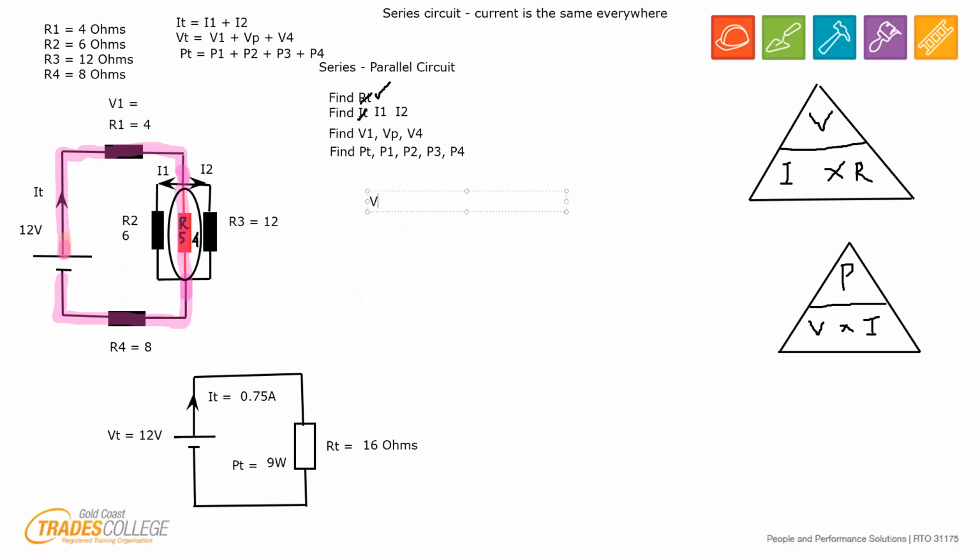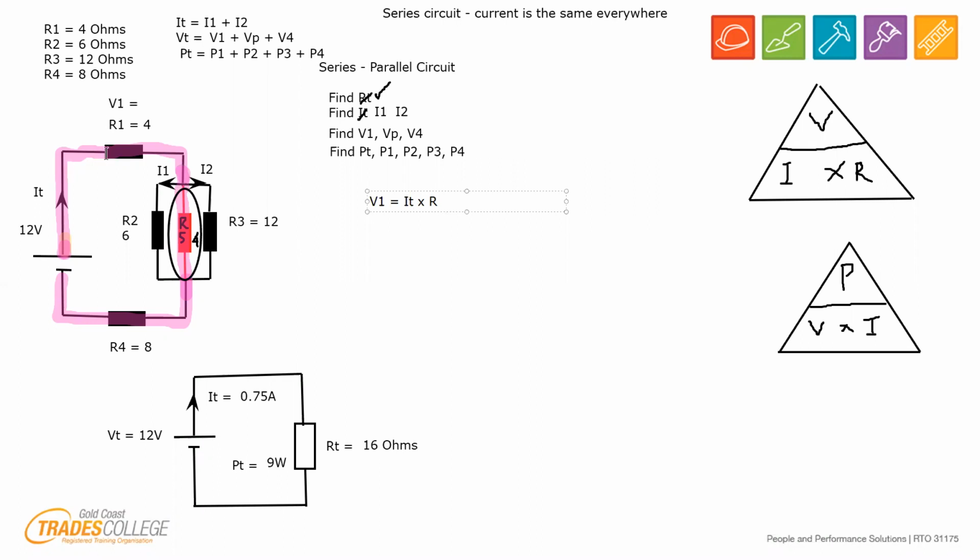So V1 equals, what's the equation first? It's I times R. But before we go any further, which I do I want to use and which R do I want to use? If I look at the pink in the circuit, that's IT going through there. It's got nowhere else to go, so IT has to go through. So I'll put a T next to that.